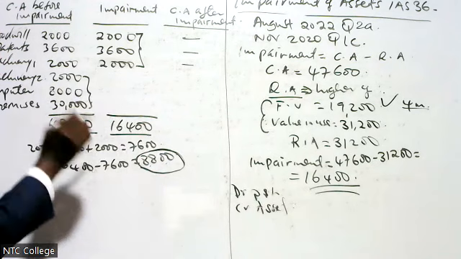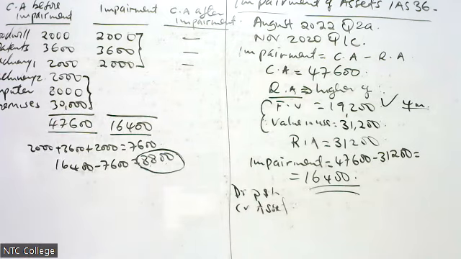I'm going to allocate this 8,800 to the good assets that I have in the company, so I debit P and L and credit asset. How am I going to allocate the balance of impairment? You allocate on a pro rata basis.